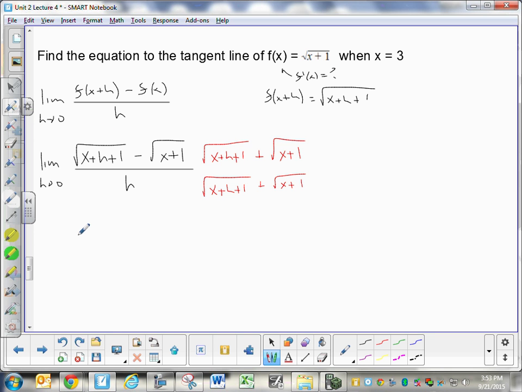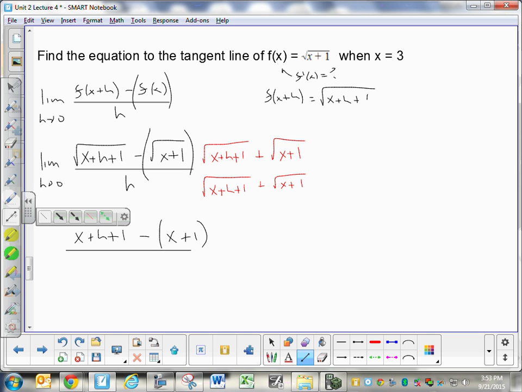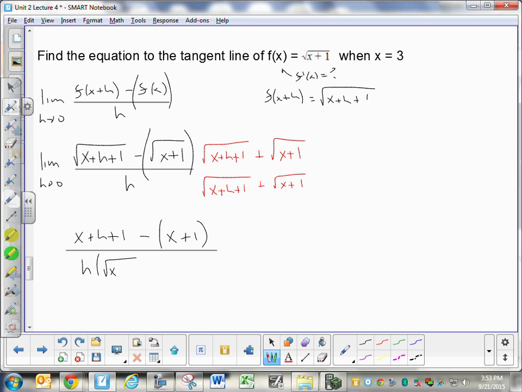This squared would be x plus h plus 1. This would be minus, and it's very important when we're subtracting all of f of x that you put it in parentheses, and subtract the entire thing. So when I subtract that entire thing, I get minus the quantity x plus 1. Don't forget that. I hope you're watching the video so you pick up that little key. On the bottom, we'll have h times this quantity.